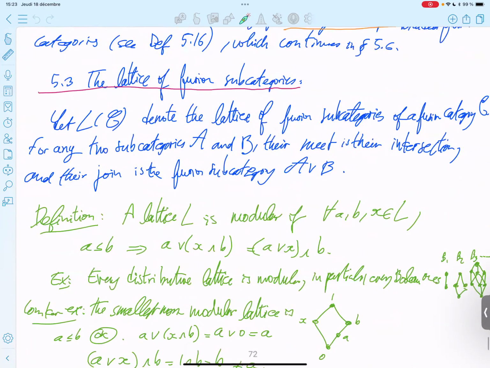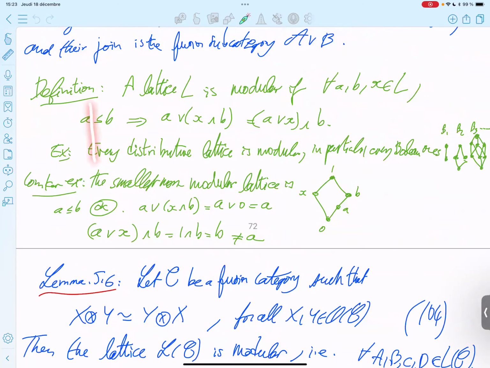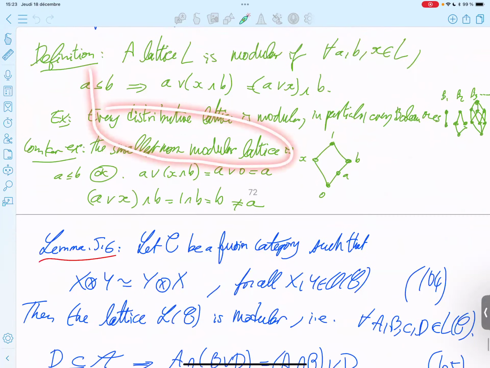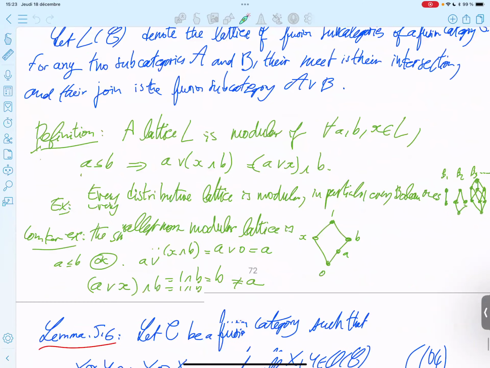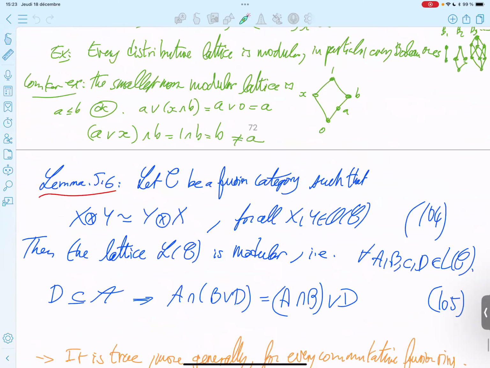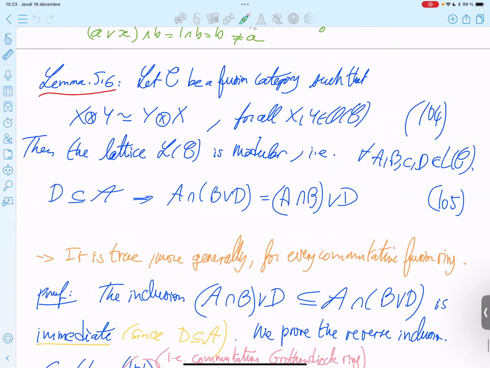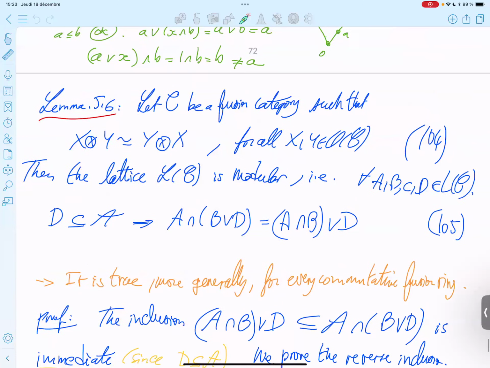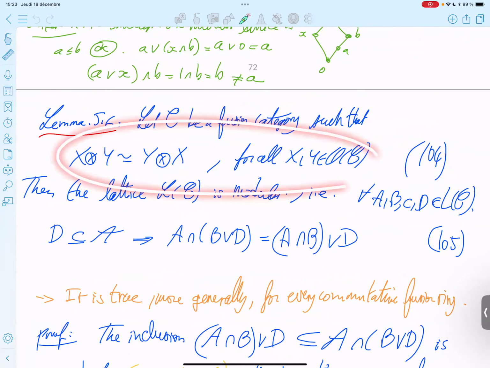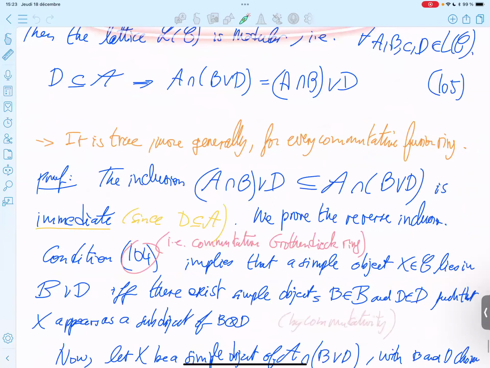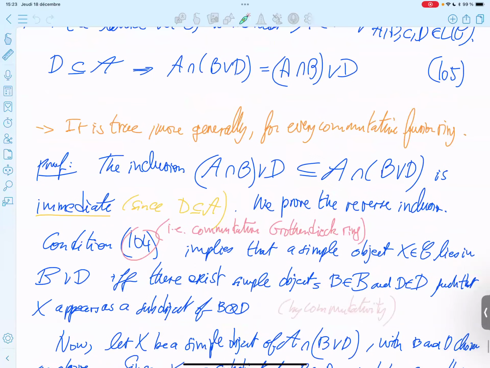So we talk about modular lattices because in fact we will need them. We will use this lemma regarding modular lattices, the lattice of fusion subcategories. If the Grothendieck ring is commutative, this lattice is always modular, and in fact it's true for every commutative fusion ring also. So the proof is there.